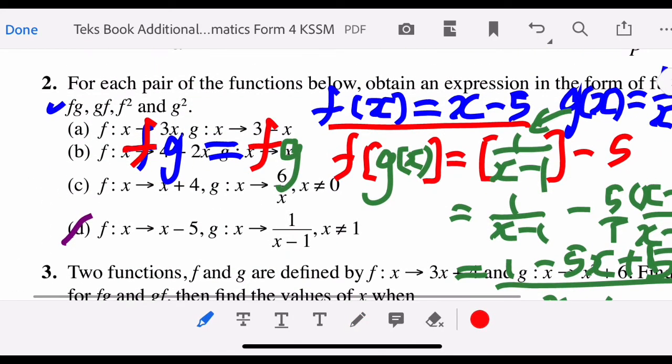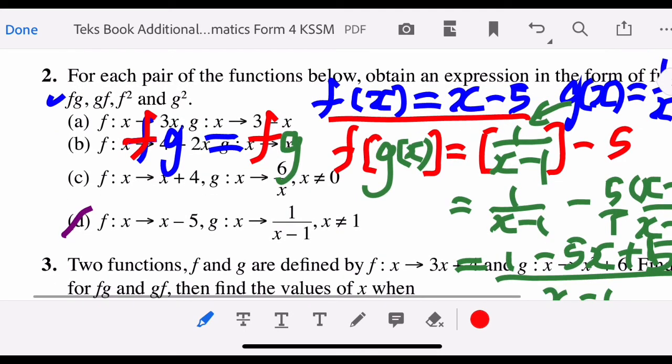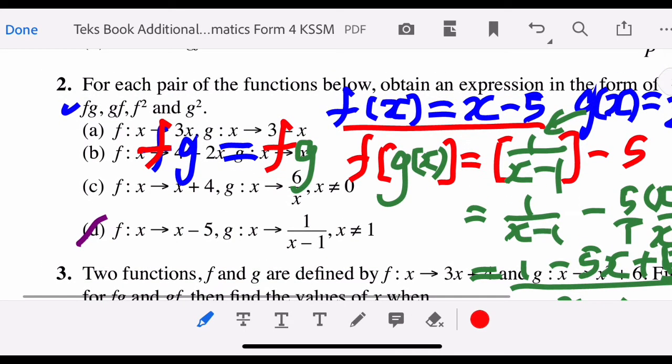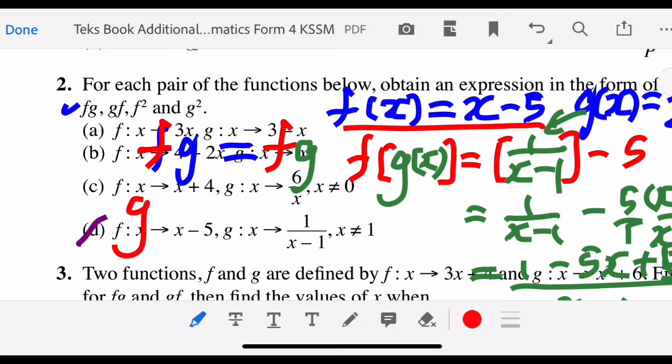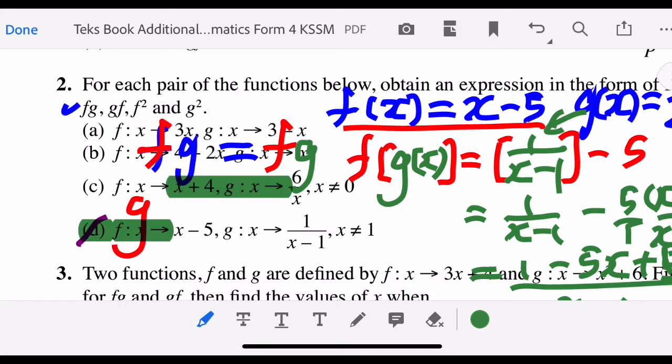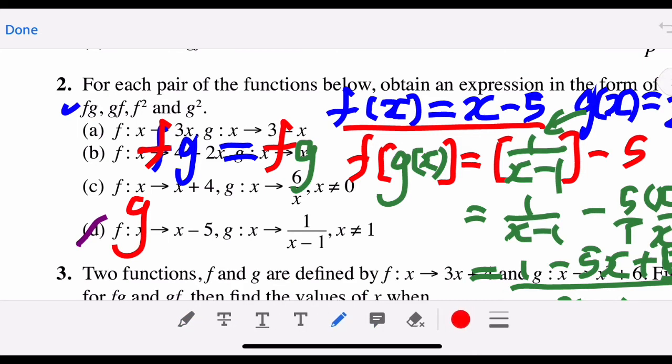Alright, so now I'm going to explain to you for gf. For gf, the function is g, right? And the object is f. So I will write like this. Okay, let me show you how I use a color to differentiate between the object and the function.